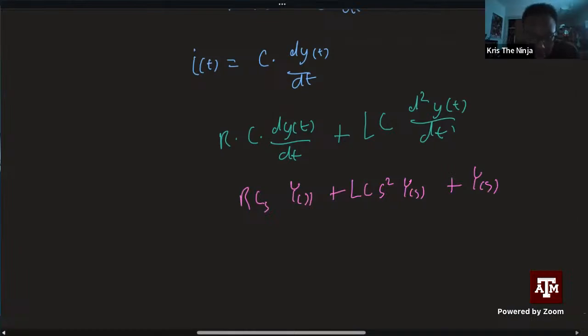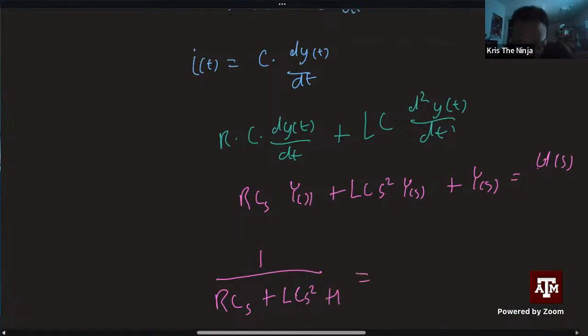That's all equal to U(s). So in order to get this broken apart, we just got 1 over RCS plus LC S squared plus 1, and that equals Y(s) over U(s).